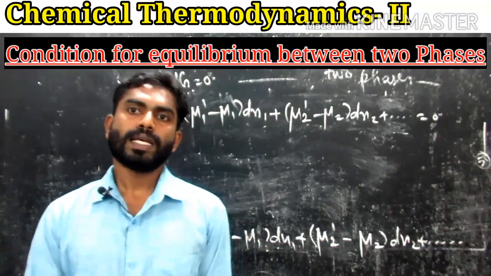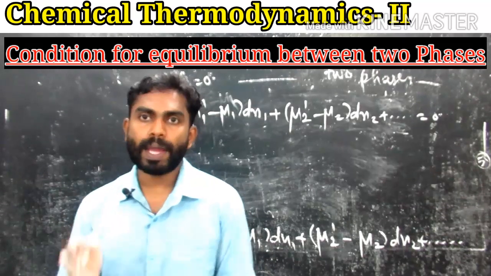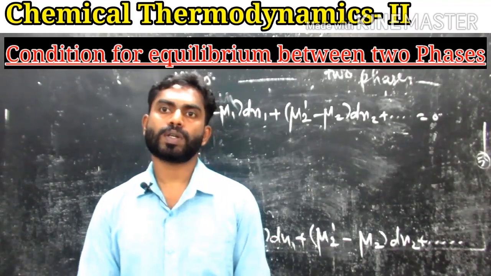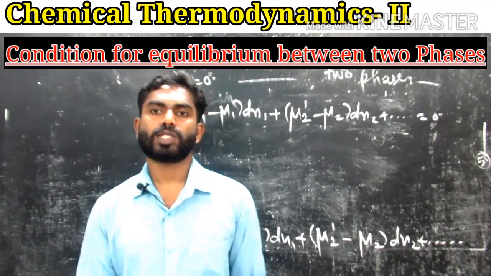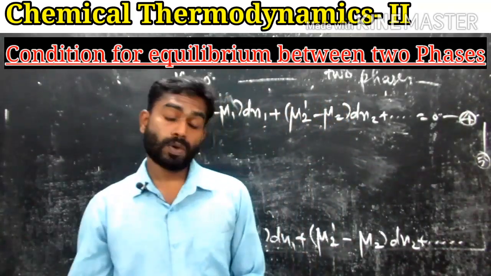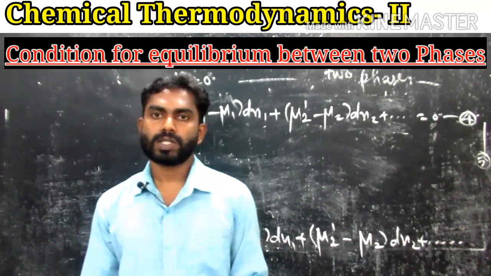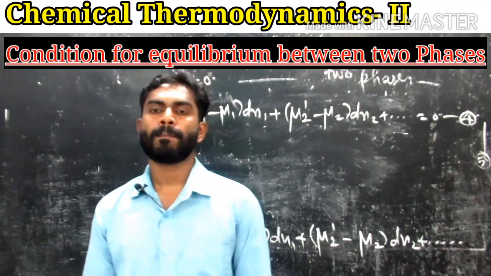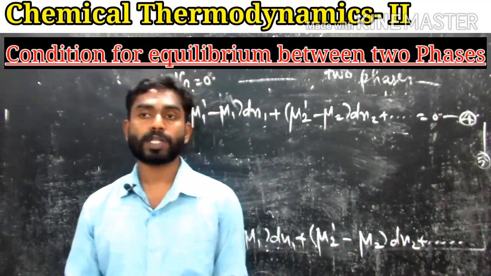Since the transfer of each constituent from phase 1 to phase 2 can take place independently, dG at constant temperature and pressure for each such independent transfer must be 0.